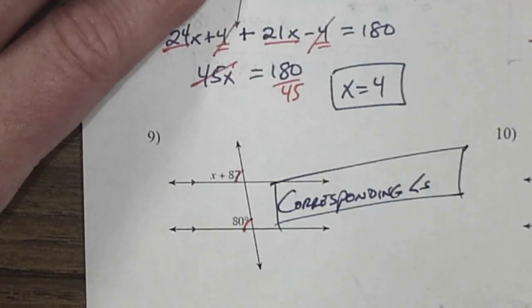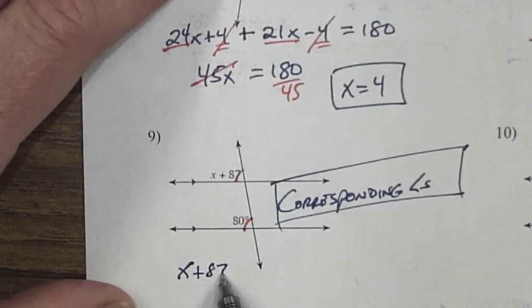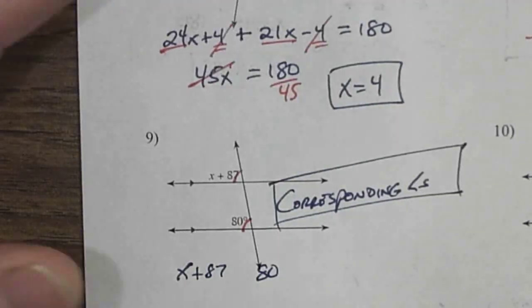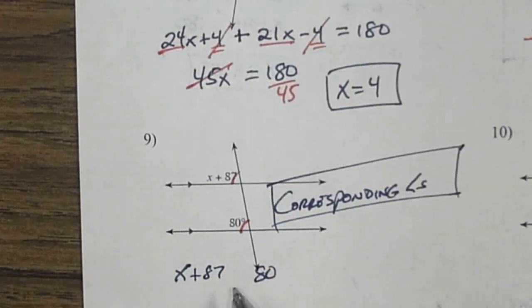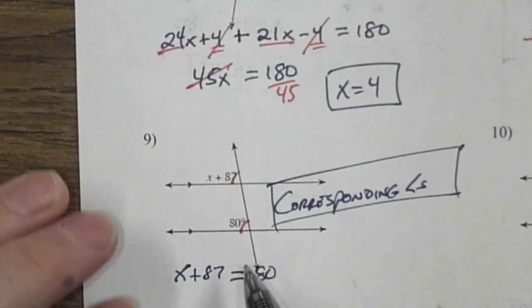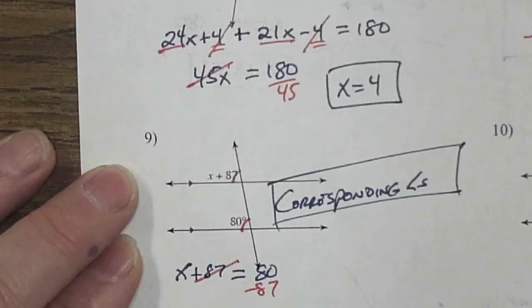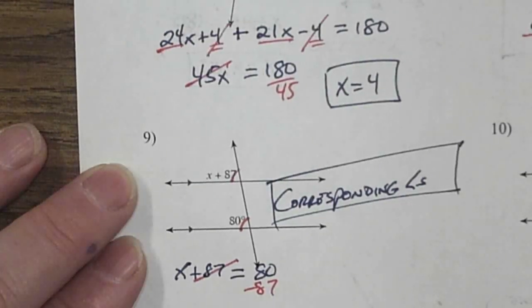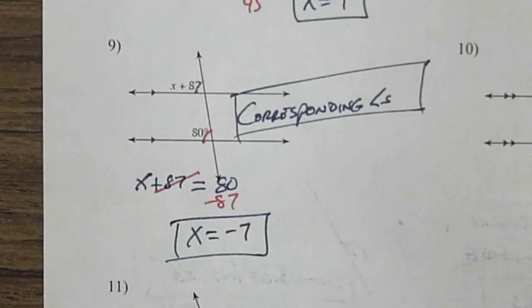Now we're going to take this angle and this angle, and again, we either add them up to equal 180, or corresponding angles are actually equal. They look acute, and they're actually equal. Makes life a little bit easier. X will be negative 7. It's okay to have a negative x. It's not okay to plug it back in and get a negative answer.